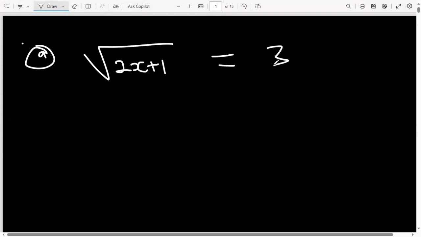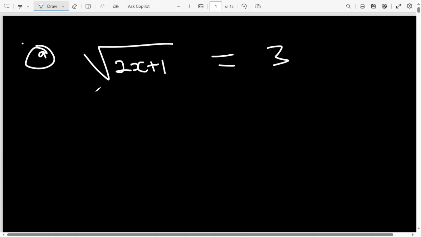How can we find the value of x? Whenever you have a square root, it's advisable to square both sides. We know that if you square a square root, it's going to cancel out with the power, right?